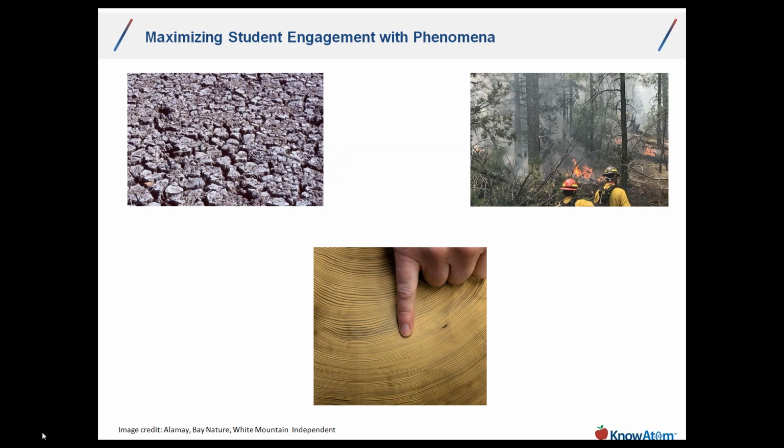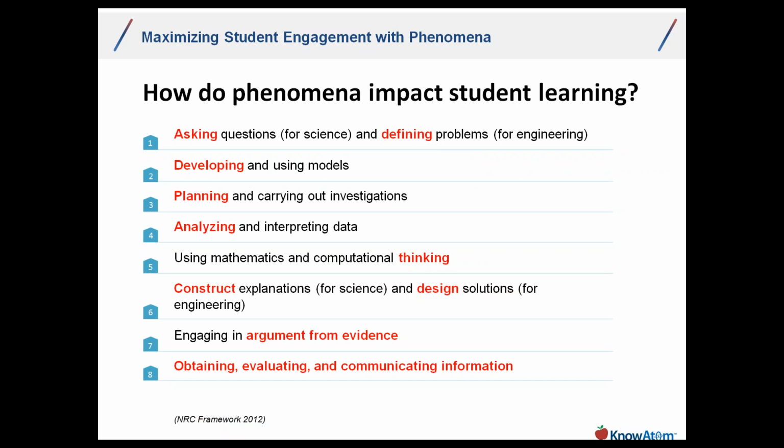Now, phenomena, and I'll give you another example of this in a second, impacts student learning because not only does it give purpose and relevance to the task, but it is where students are actually engaging all 8 of those science and engineering practices.